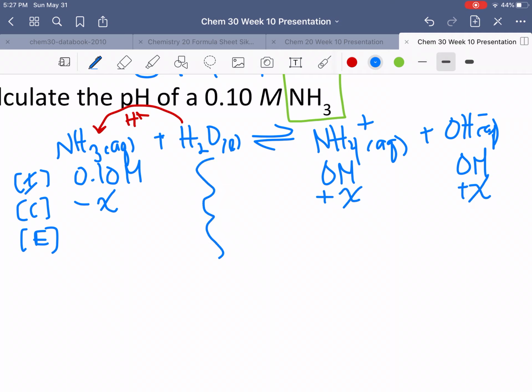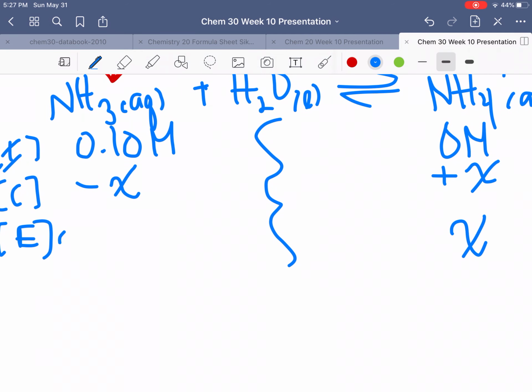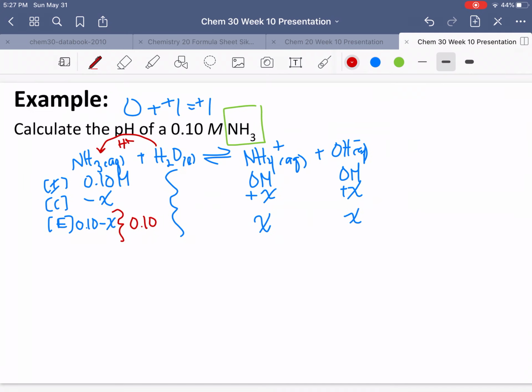Water doesn't have a concentration, it's a pure liquid. 0 plus X is simply X. Now this is similar to what we saw with the weak acids. 0.10 minus X, that X value is so teeny tiny that we assume the initial concentration of the weak base will be the same as the equilibrium concentration of the weak base. So we just take it as 0.10.